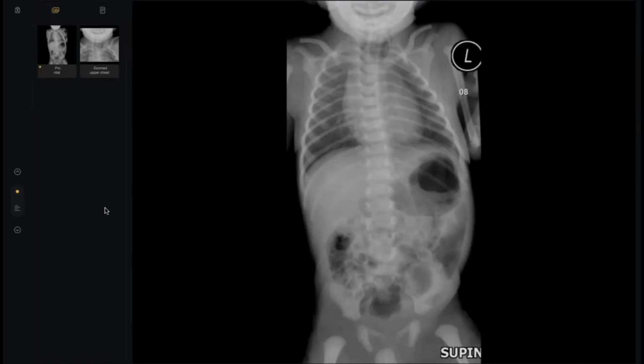However, no portal venous gas, no football sign, no Rigler sign. Okay. What else? There is normal air in the stomach.